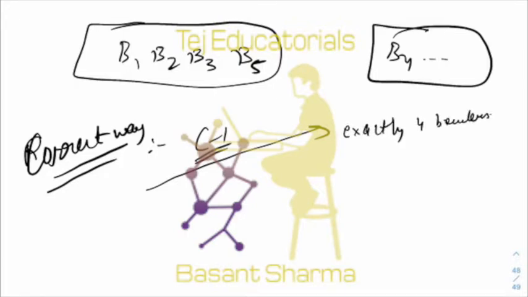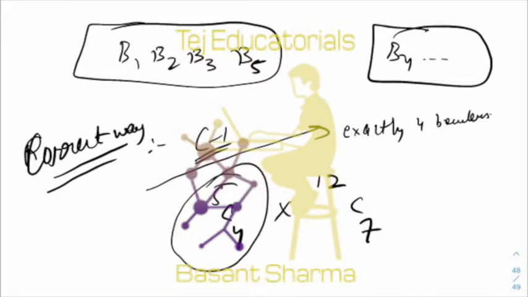In that case you have 5C4, select 4 bowlers out of 5, and then excluding the bowlers you have 12 people left, and you can select 7 out of them.